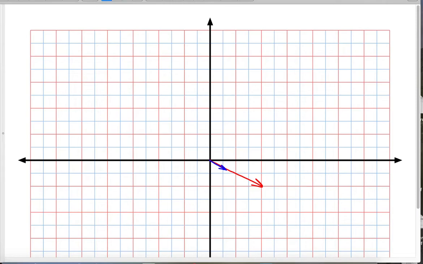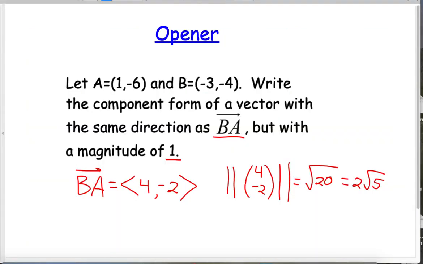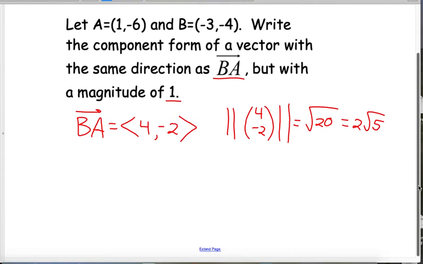Well, we learned that if we multiplied a vector by a scalar, let's say 2, it would double in size. So now we want to reduce it, so we're going to divide the components of this vector by the original length. So if I take the vector (4, -2) and multiply it by 1/(2√5), then that should shrink it down so it has a length of 1.